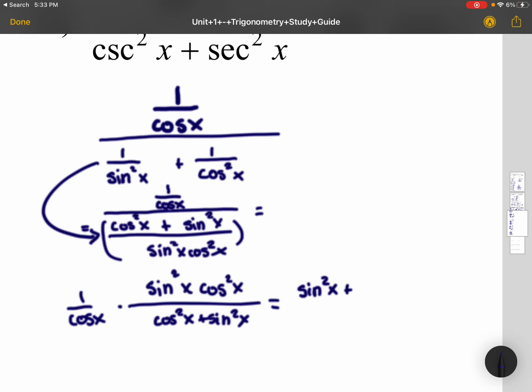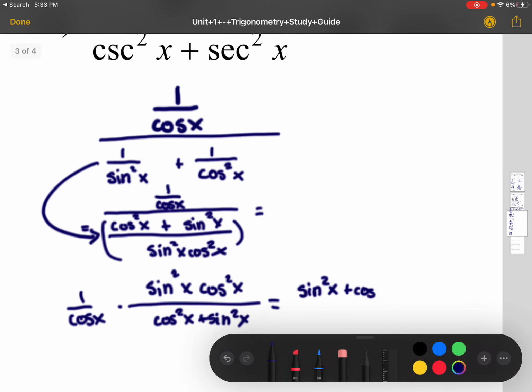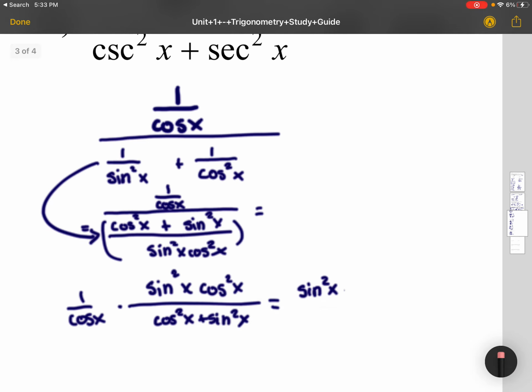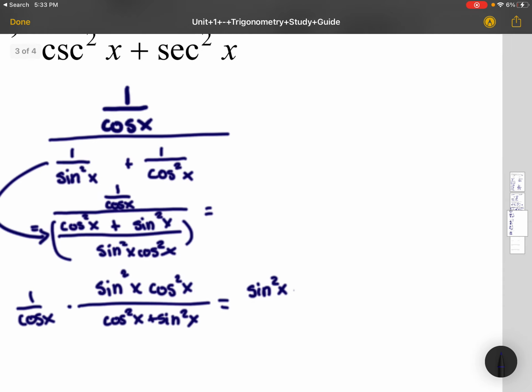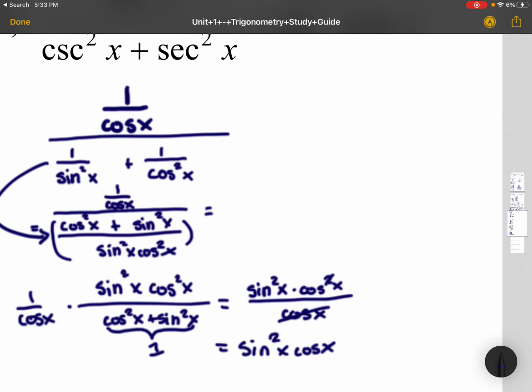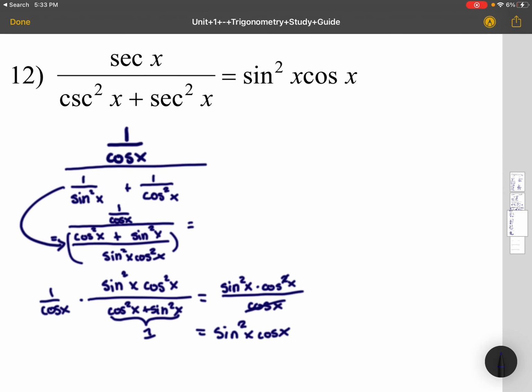So we get sine squared x times cosine squared x, and again, this equals 1, sine squared plus cosine squared, divided by cosine x. Now, of course, we can cancel one of the cosines. So we get sine squared x cosine x.